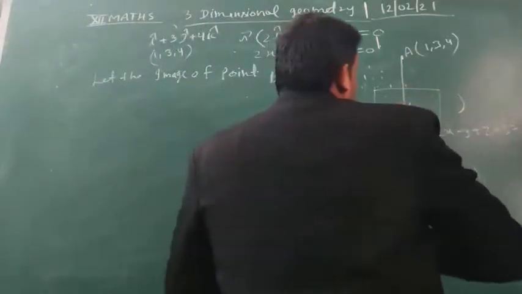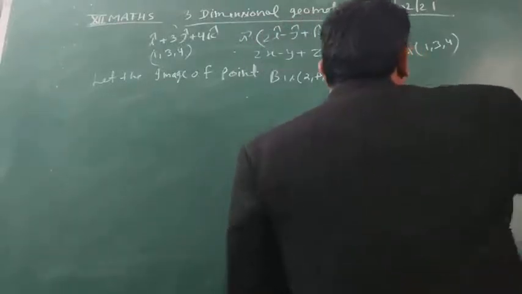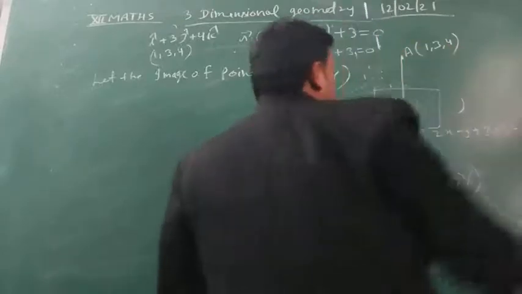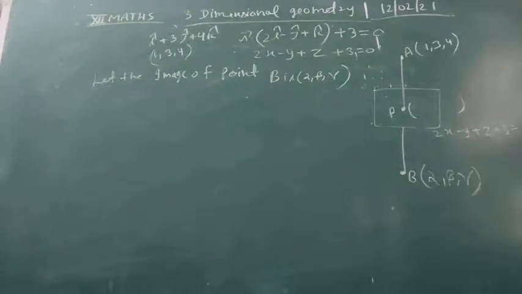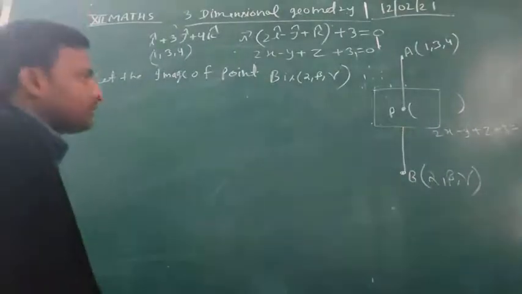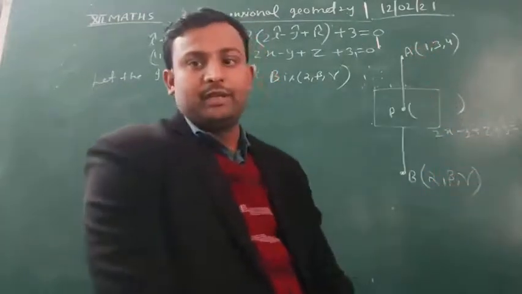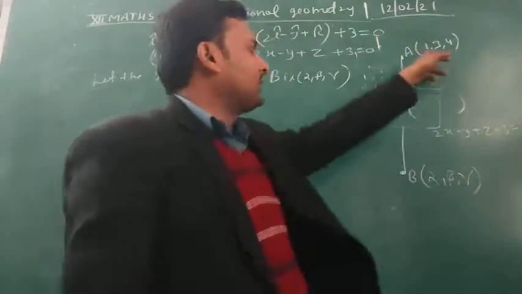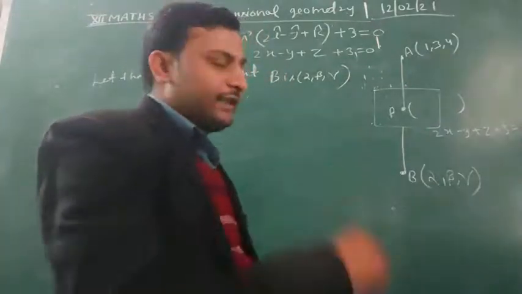So first of all, students, we find the equation of this line AP, which is passing through the point 1, 3, 4.